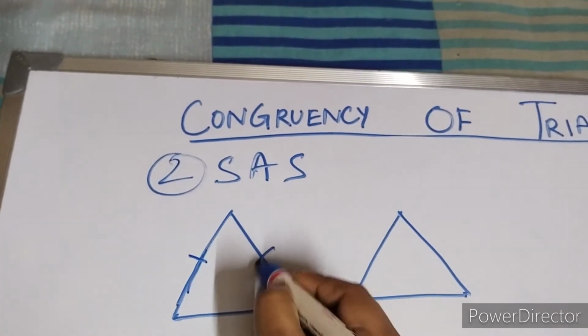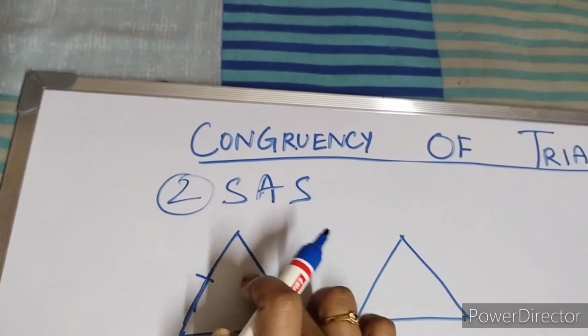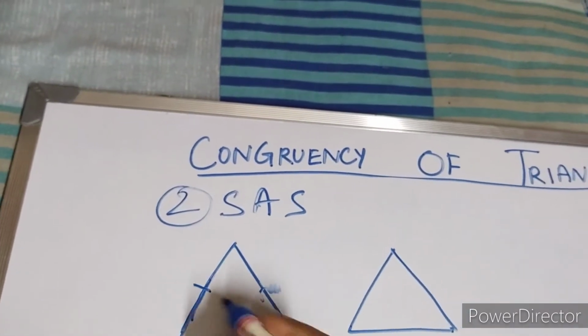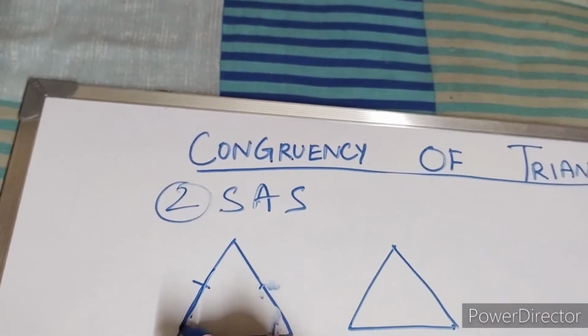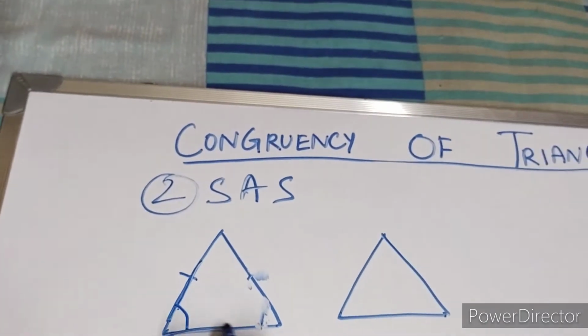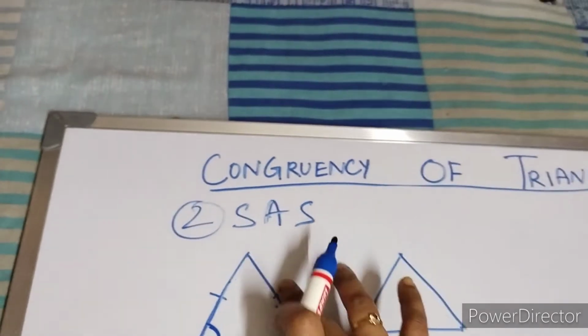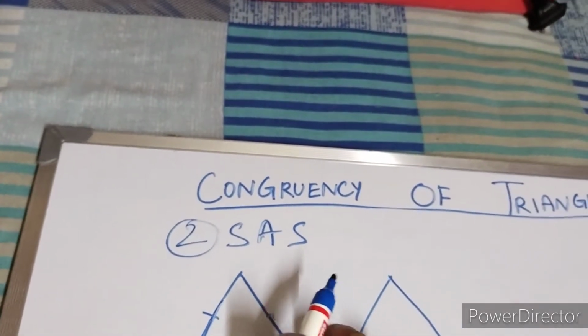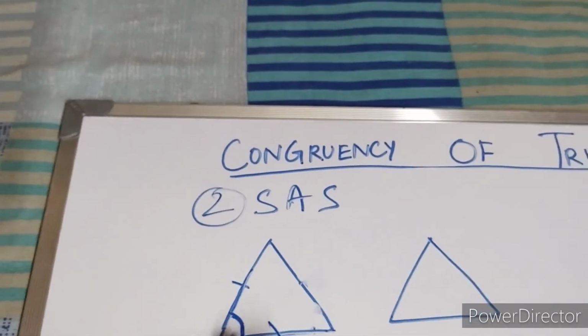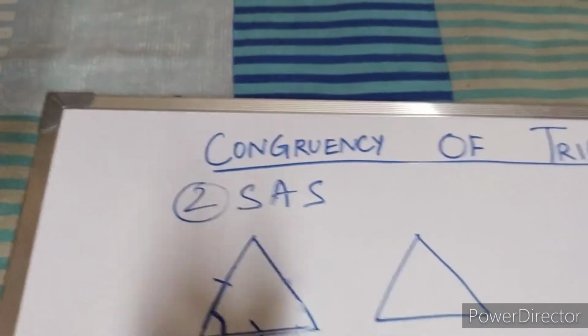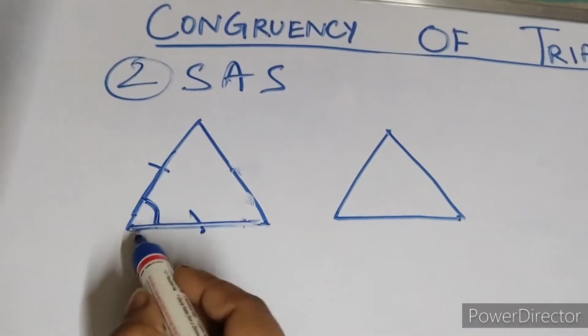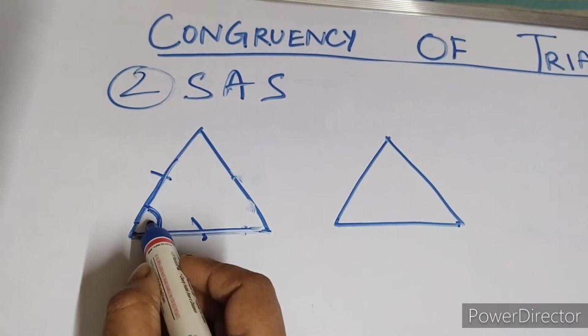No, if this side and this side and this angle, no, it will not be equal. Side, angle, side means this side, this side, and the angle included between the two sides, the two sides and the included angle between them.